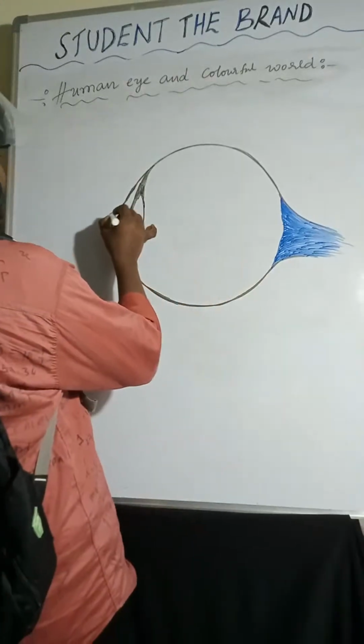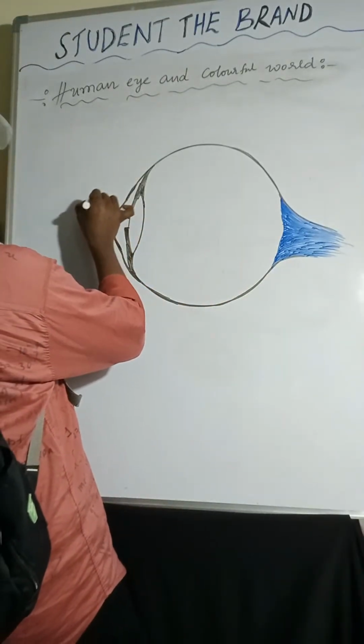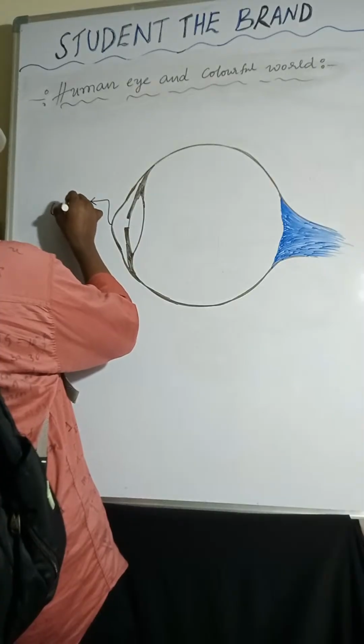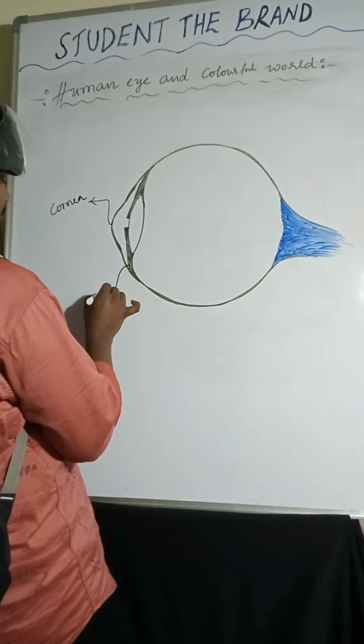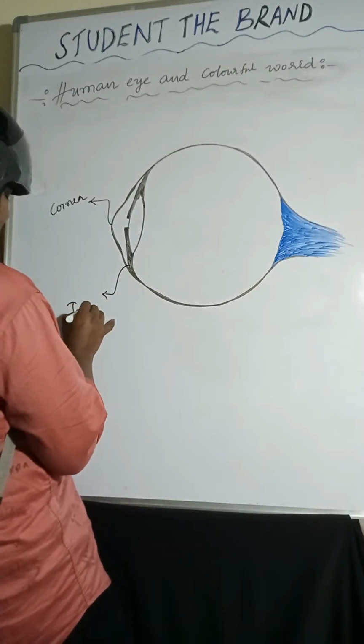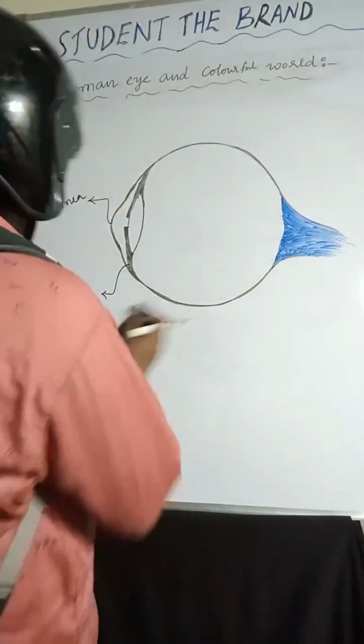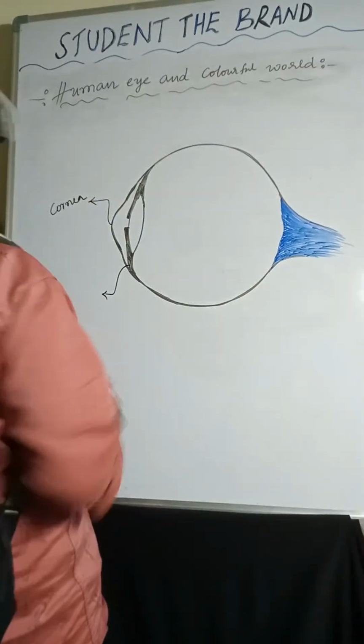The front portion is called the cornea. These are the ciliary muscles, here also.